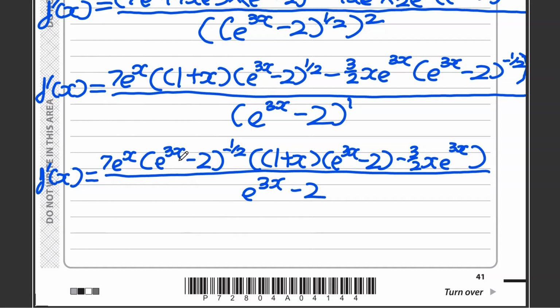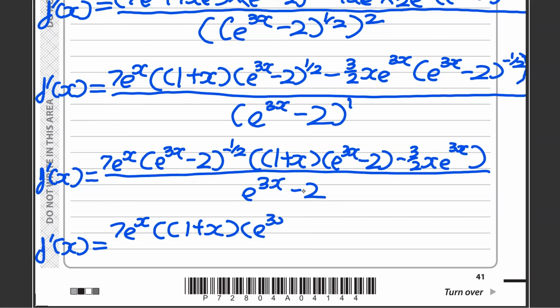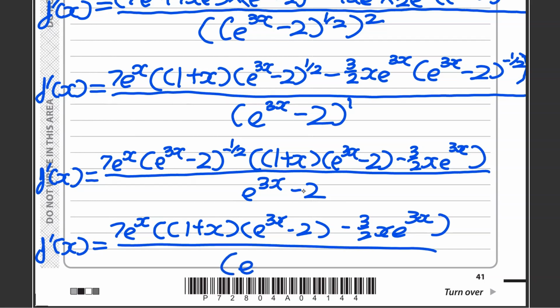So if we bring this e to the power of 3x minus 2 to the power of minus a half into the denominator, it would be f dash of x is equal to 7e to the power of x, and then it's going to be 1 plus x e to the power of 3x minus 2 minus 3 over 2x e to the power of 3x, and all of this is over e to the power of 3x minus 2 to the power of 3 over 2.